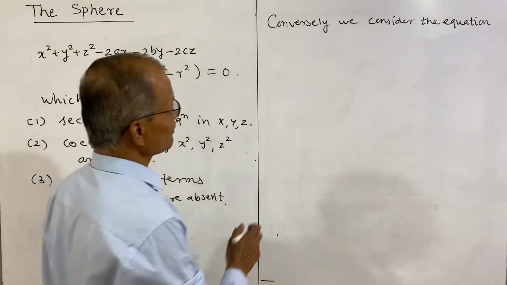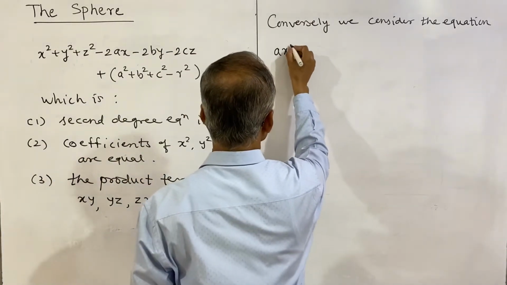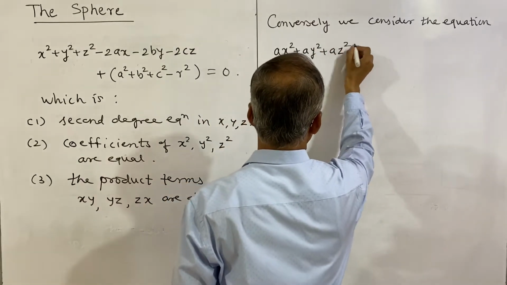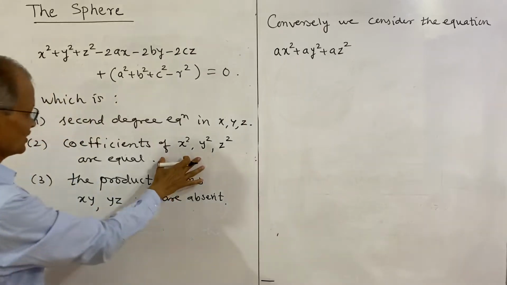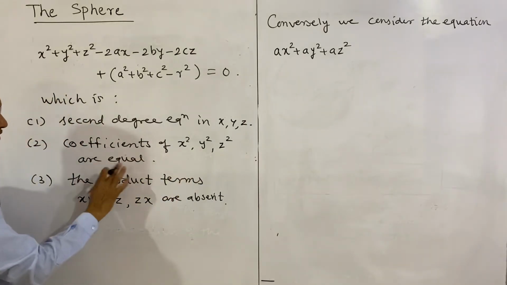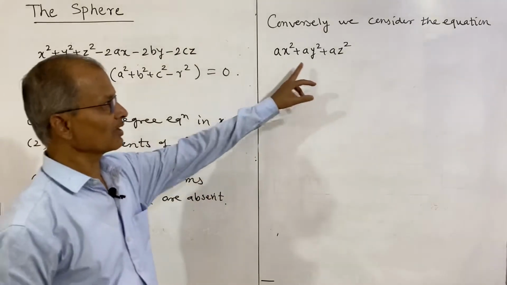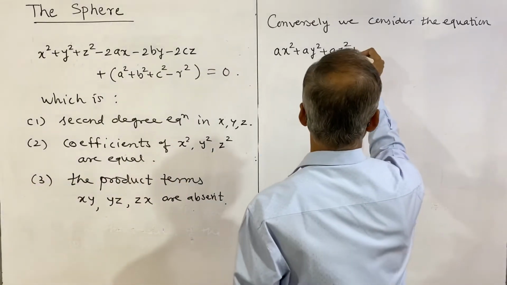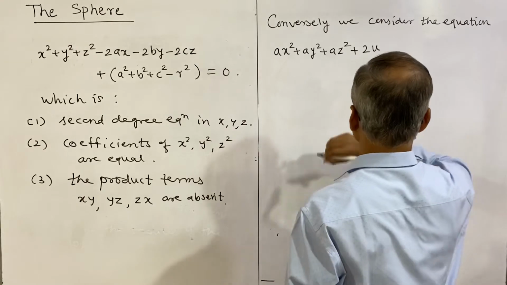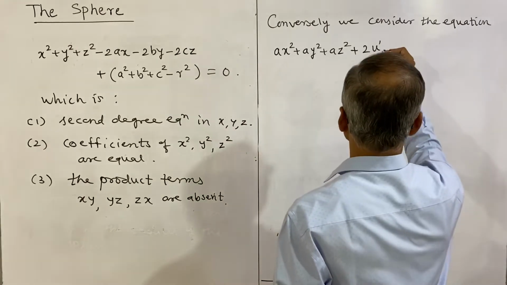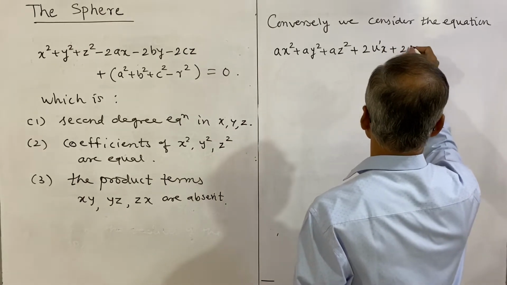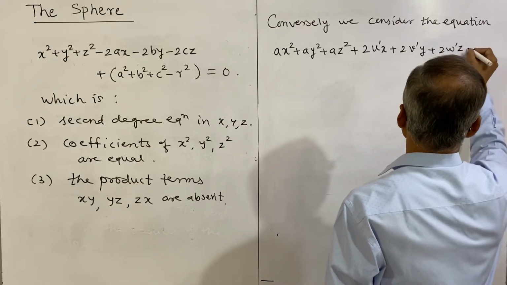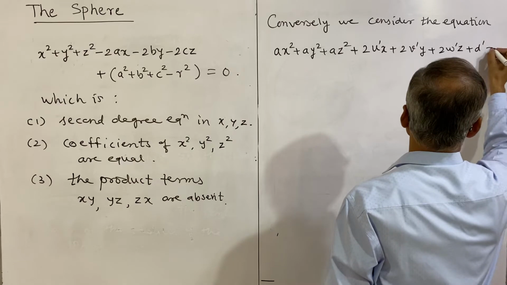We consider the equation a x square plus a y square plus a z square, and here you see this condition is satisfied. The coefficients of x square, y square, z square are taken as a, plus 2u' x plus 2v' y plus 2w' z plus d' is equal to 0.